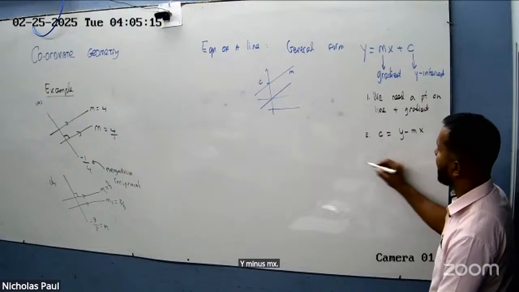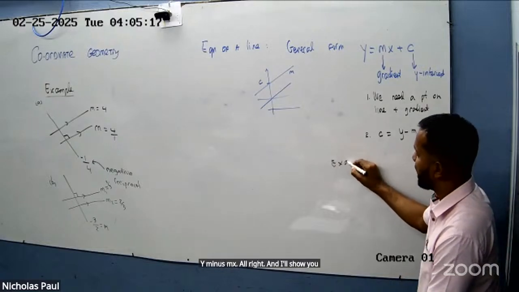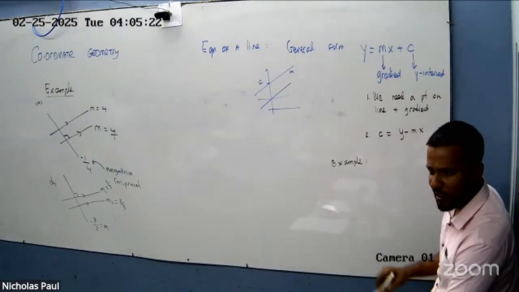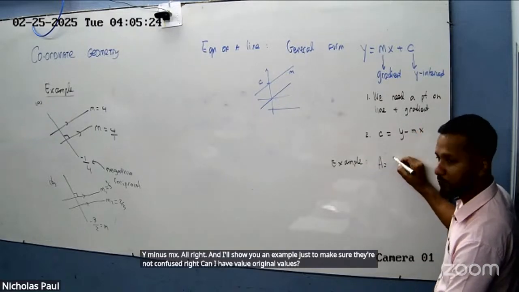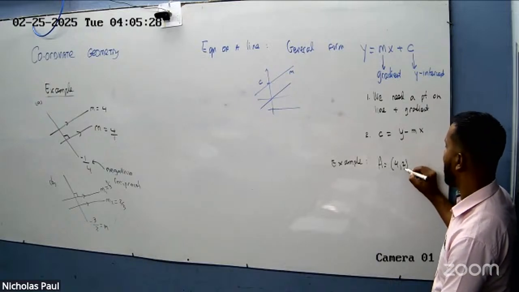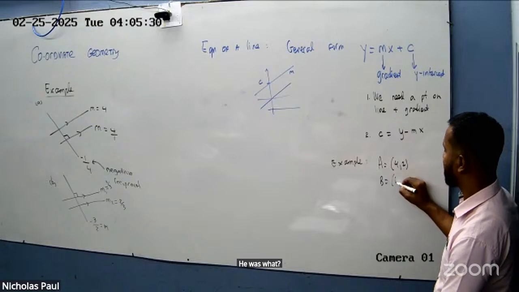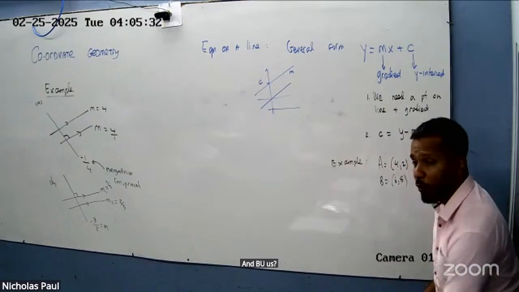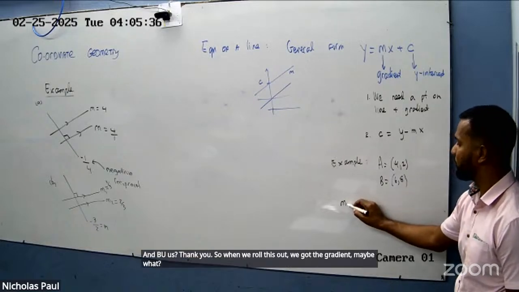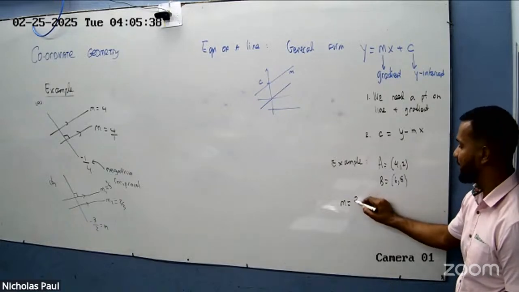All right, and I'll show you an example just to make sure you're not confused, right? Can I have back the original values? A was what? And B was 6A. So when we work this out, we got the gradient to be what? We got the gradient to be 3.